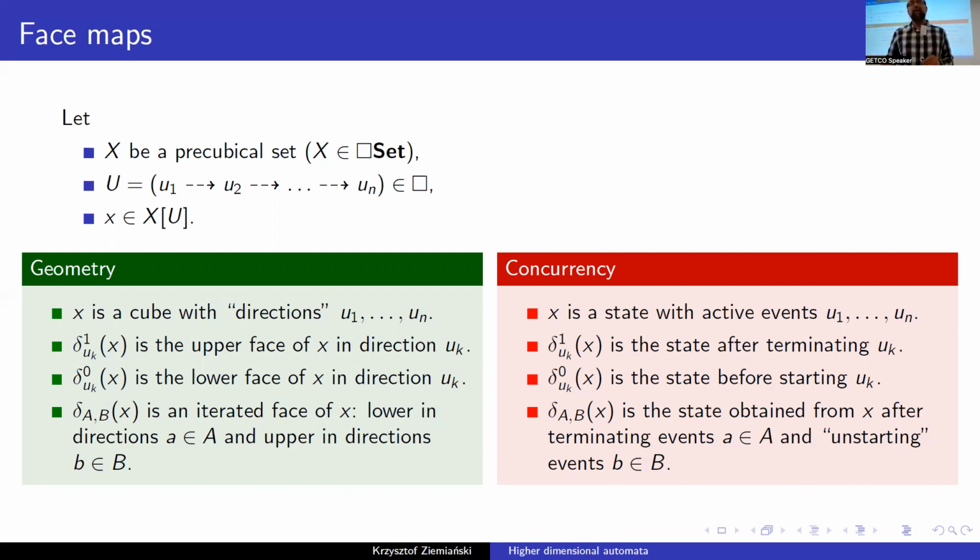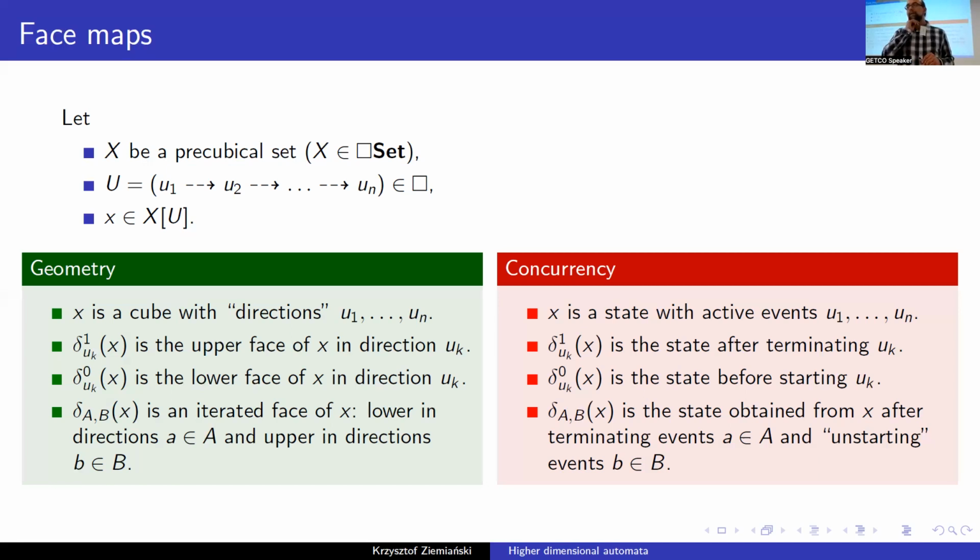of active events. And there are operations which allow you, for example, to terminate one of these events and pass to a state in which this event is already terminated. So it's just delta 1. And there is operation delta 0, which is an inverse.